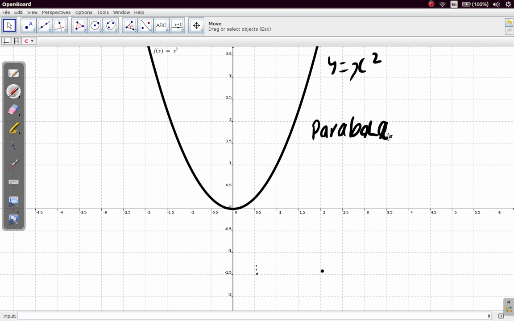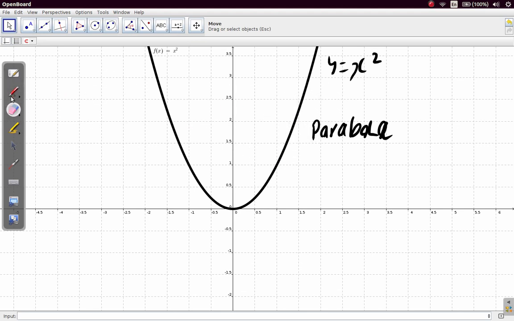So it has a parabolic shape. Now, this shape has certain applications, right? And also it occurs naturally, and we're going to talk a bit about that here.